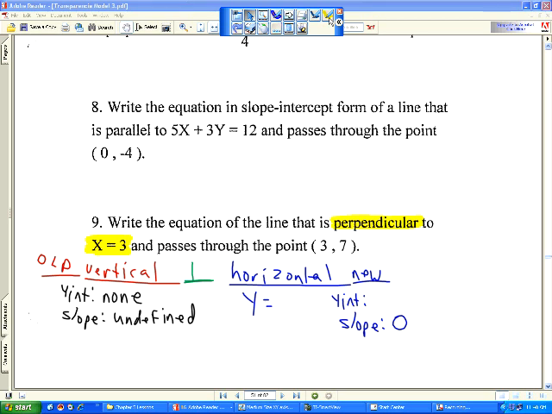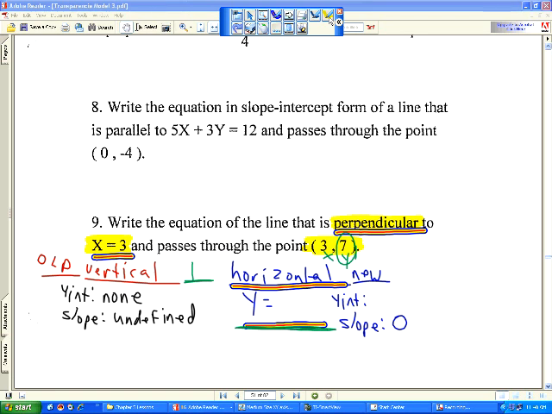Now, we know that if it's perpendicular to a vertical, it's a horizontal. And if it's a horizontal, it's y equals the constant y. But what is that constant y? It says it passes through the point (3, 7). That means that this horizontal line contains one point that we know of, and that one point has a y of 7.